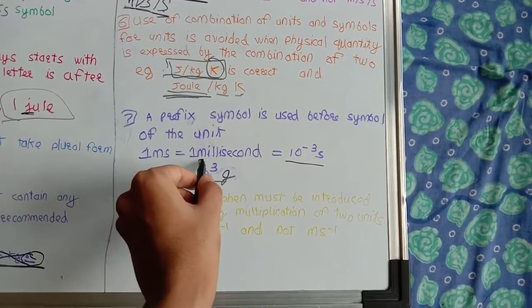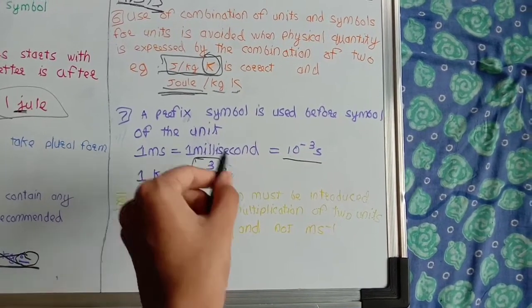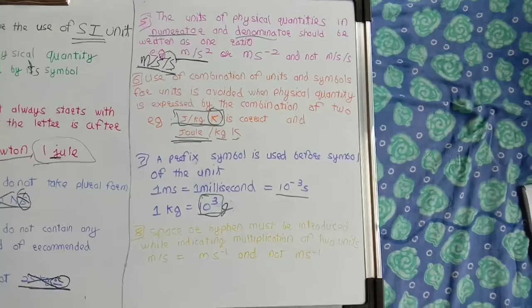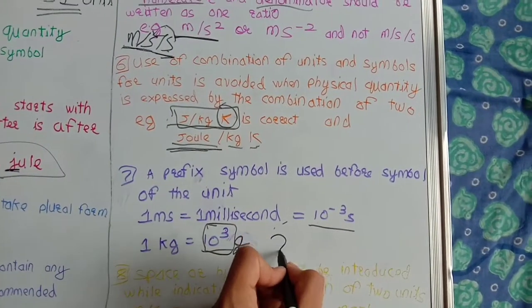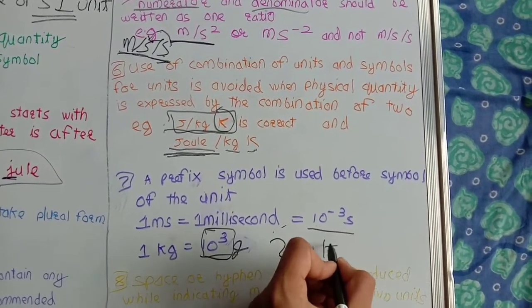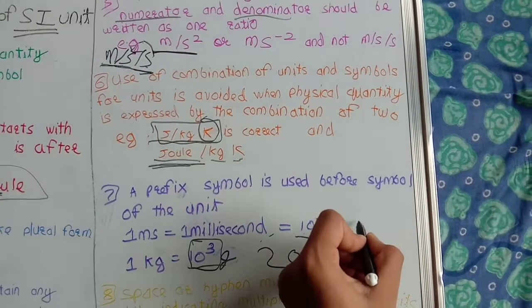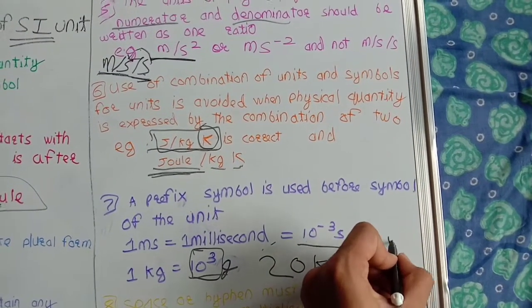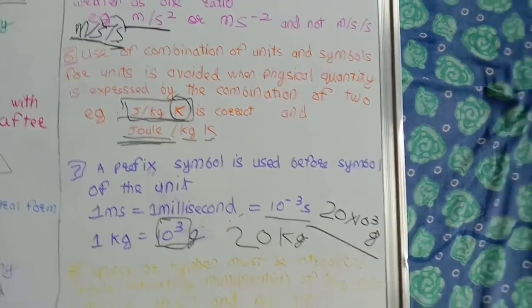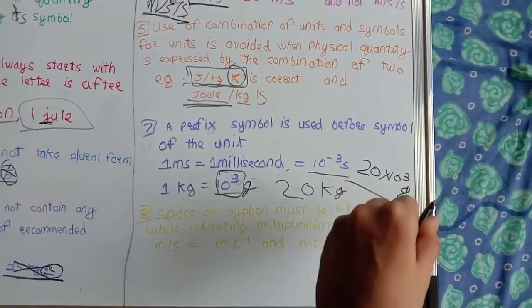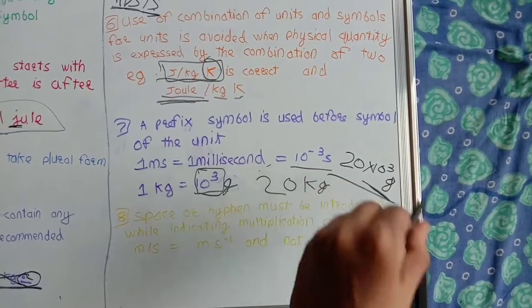Means we can add any prefix. So if it is 20 kilogram, we can write it as 20 into 10 raised to 3 gram. So like this also we can write. The 10 raised to 3 here is the prefix.